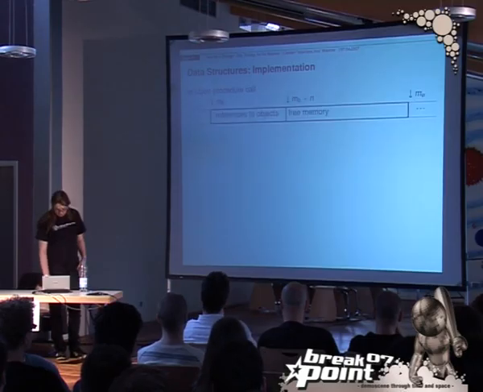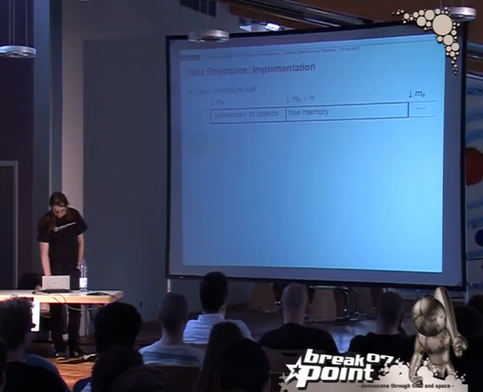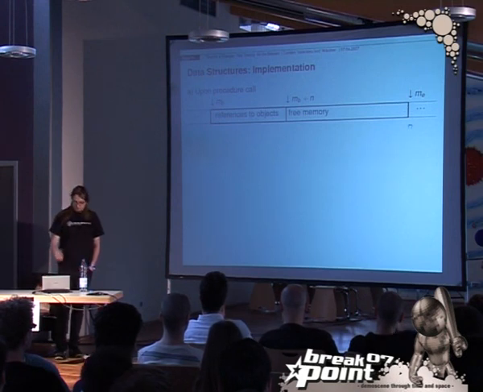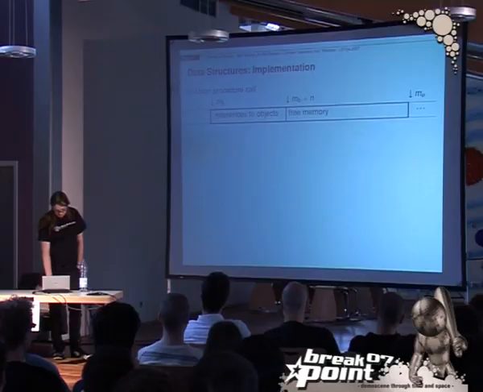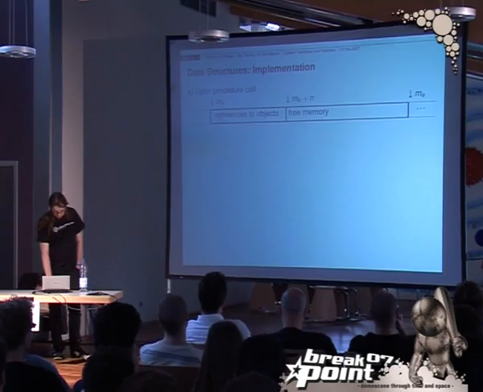So what we propose is, this is the start. You have a memory block, for example 500 megabytes, because you just want to spend 500 megabytes for the tree if you have a very large model. And you put all the references to the objects, so for example for the triangles, into the first part of the list. So there will be 0, 1, 2, 3, 4 until n minus 1. And you have a free memory block.